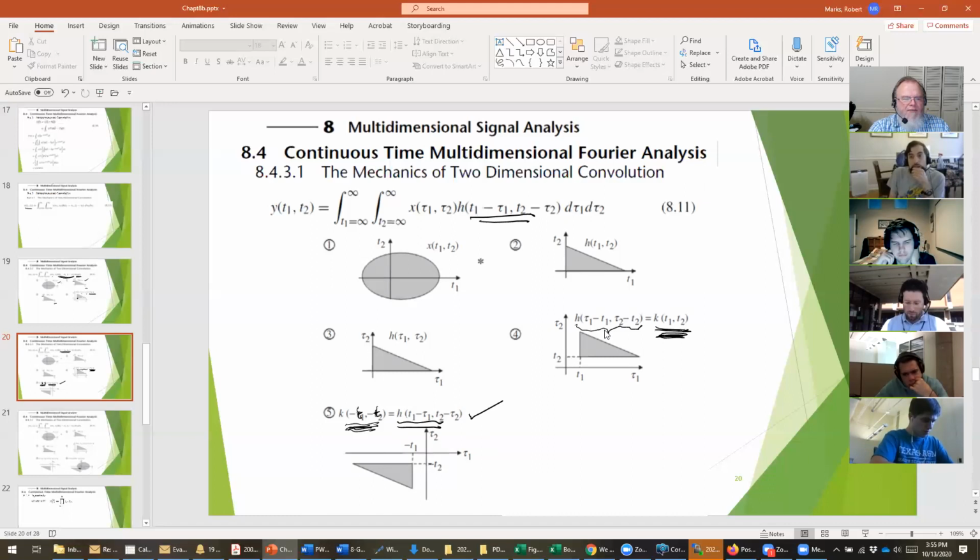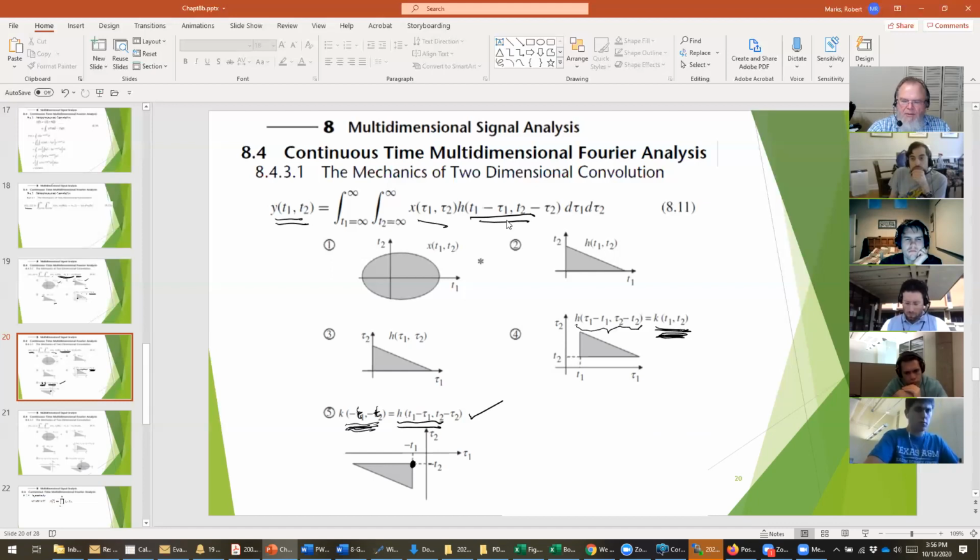So if we want to find out the value of the output at T1, T2, now notice, this is the value of the output at this point. The value of the output at that point is equal to x times this h.